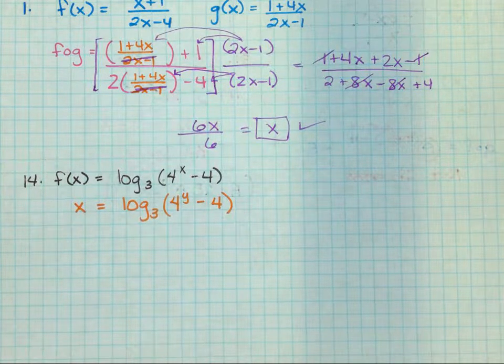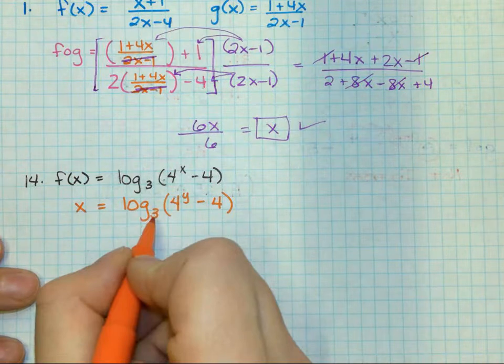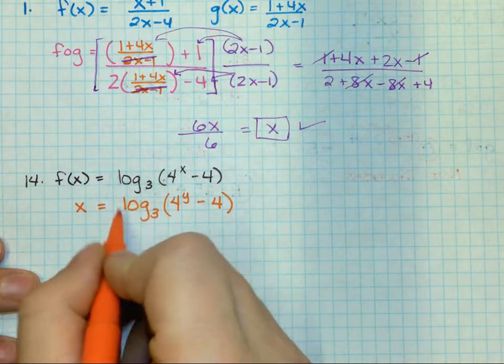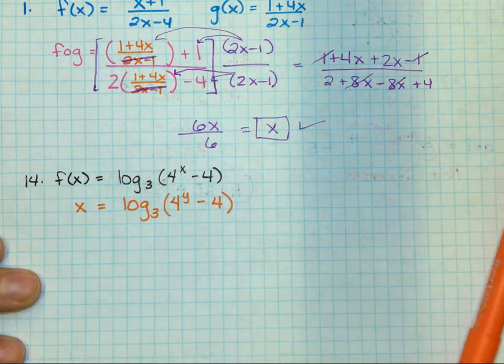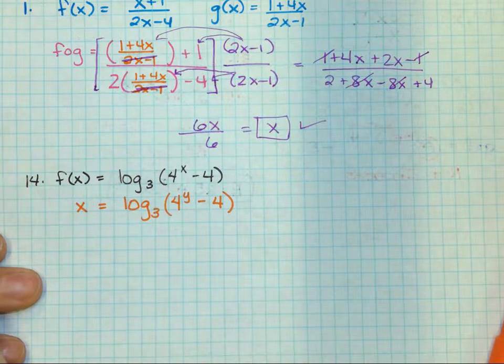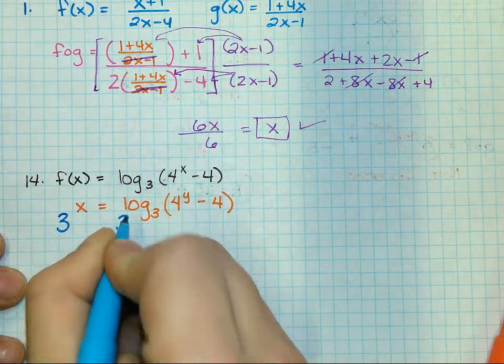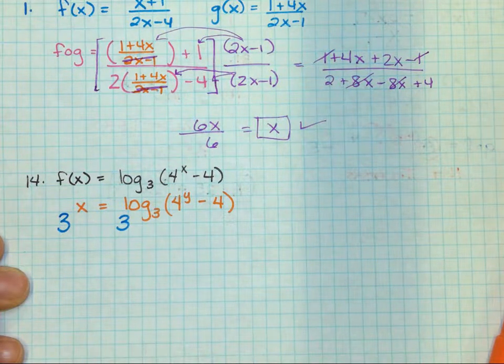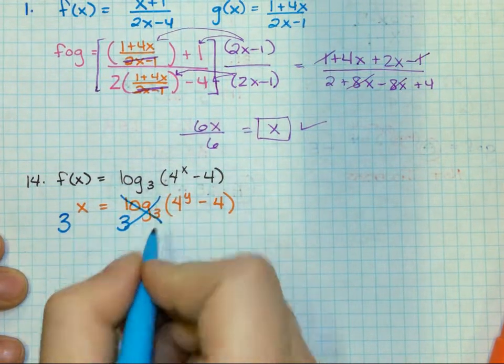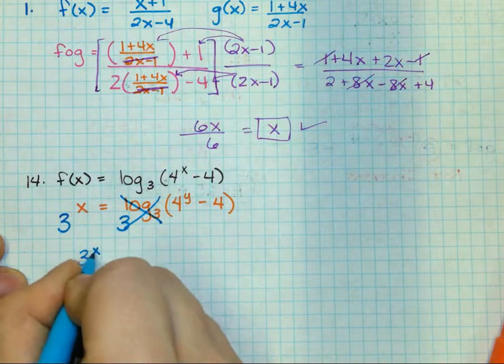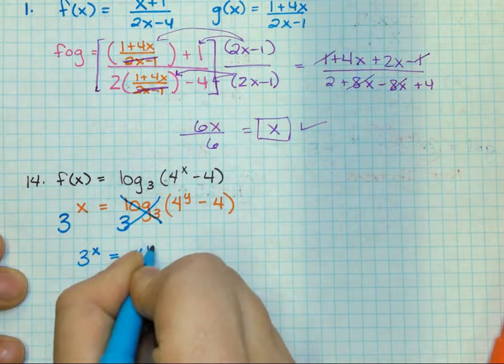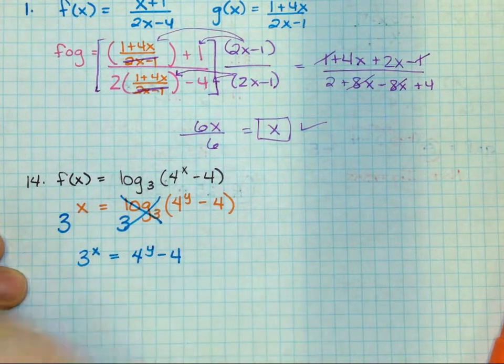The first thing that you need to realize is if I want to get rid of the log base 3, what do I have to do to both sides? Put a little 3. This is 3 to that power now. So far, so good? That's going to drop all of that away. So I will have 3 to the x is 4 to the y minus 4.